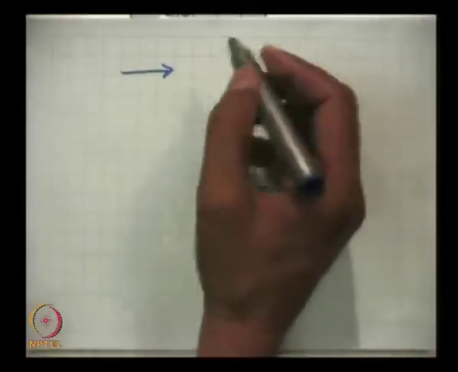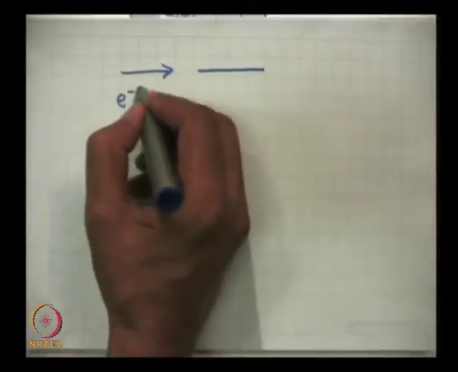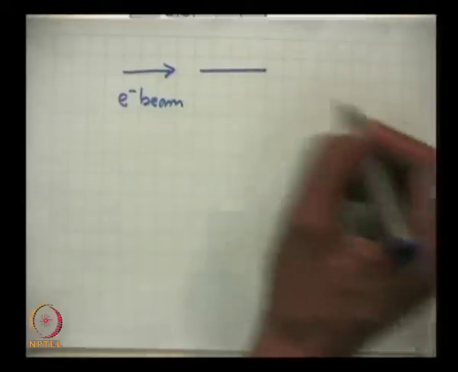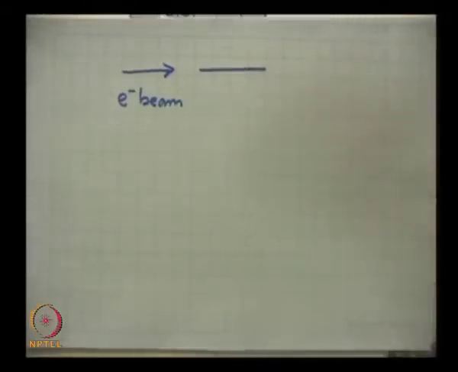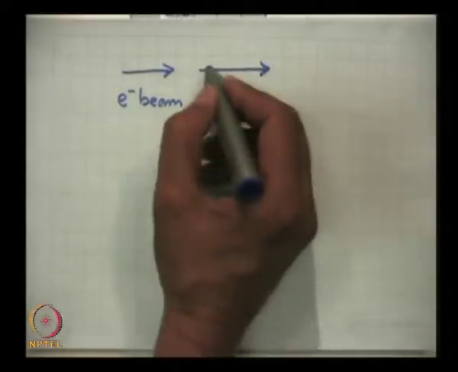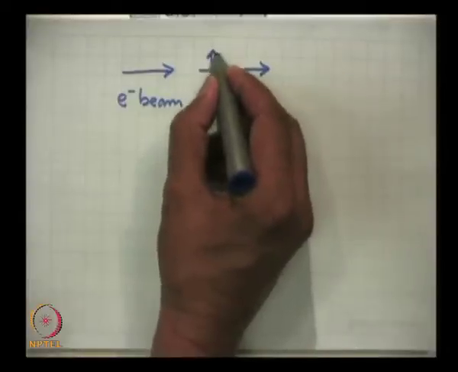Electromagnetic waves are a little difficult to excite by an electron beam. The reason is that if the beam is traveling in this direction, this is my electron beam, and my electromagnetic wave also travels in the same direction in free space, then this electromagnetic wave will have a transverse electric field.